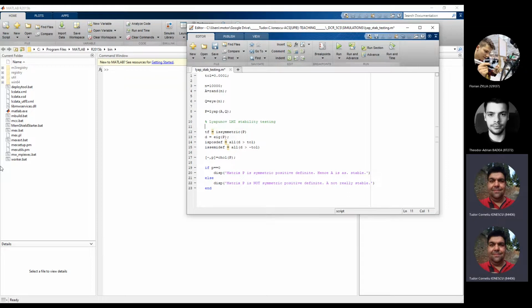This is the one. If you do this, these are the commands, and this is the result.